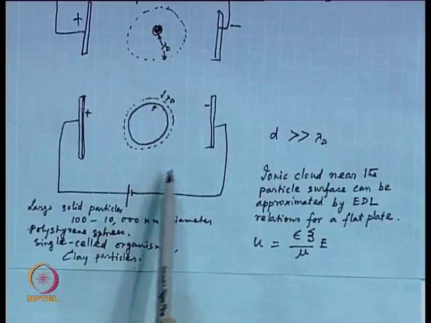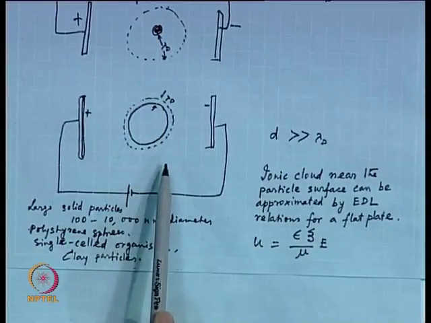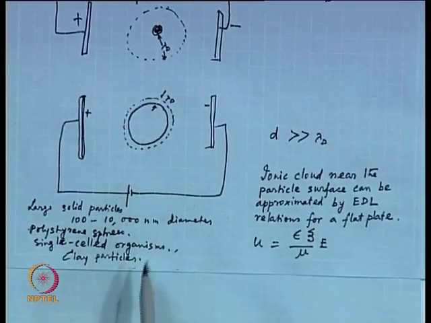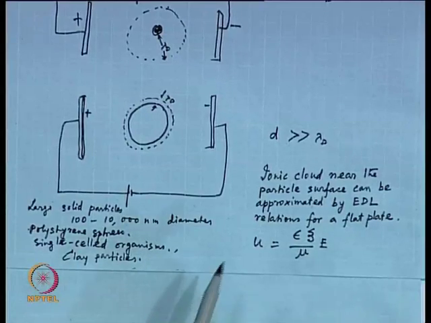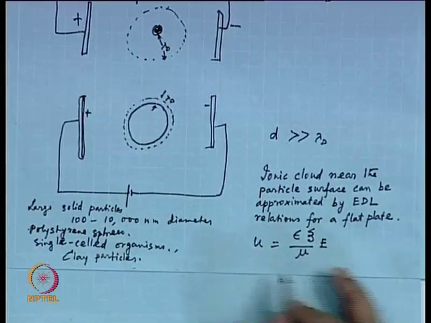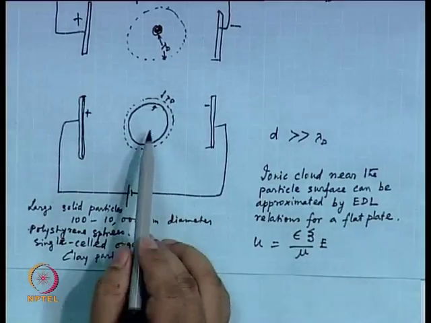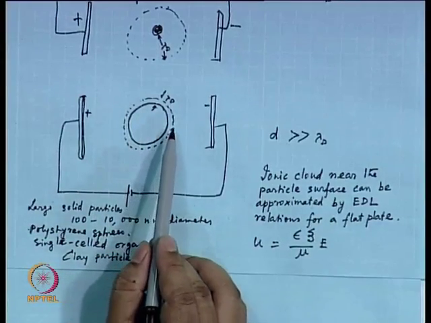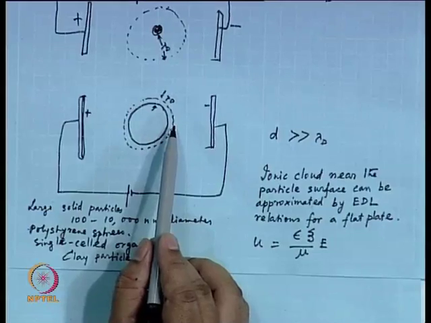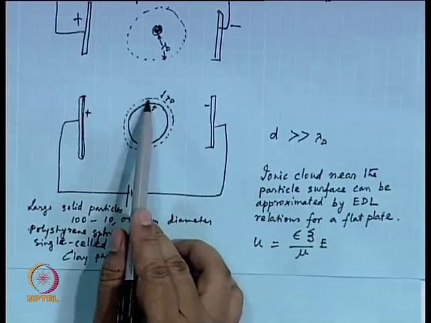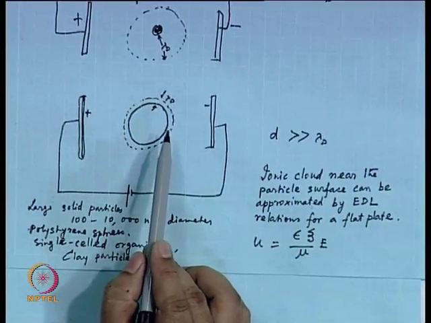So, here what they are saying is that since this particle is large and this Debye length is small, the ionic cloud near the particle surface can be approximated by EDL relations for a flat plate. And then this UEP, the electrophoretic velocity for this particle, is nothing but the electroosmotic velocity of this double layer.